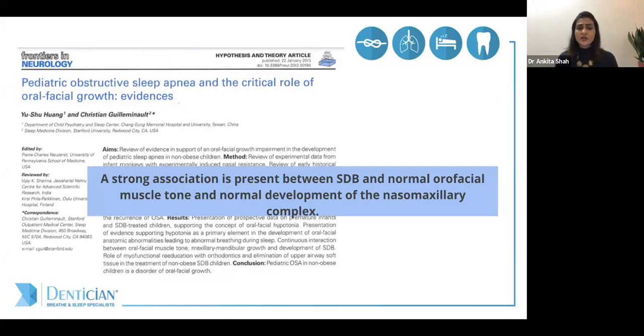They did an adenoid tonsillectomy in them, but still, there was a relapse in the obstructive sleep apnea. And what they concluded was there was a very strong association between sleep disordered breathing and the growth of the nasomaxillary complex as well as the orofacial muscle tone. This is where we are going to play a very important role.